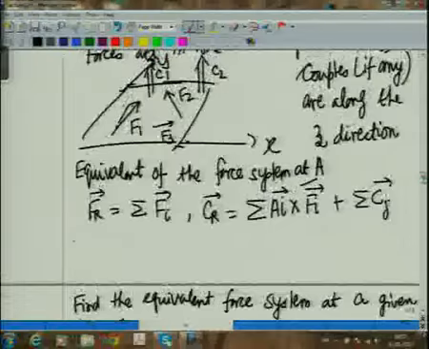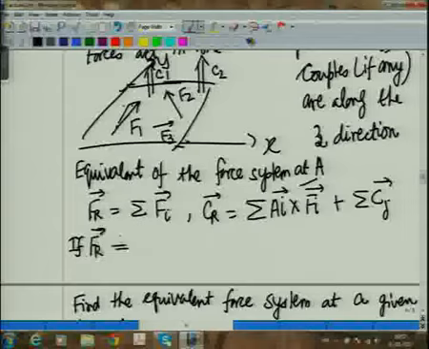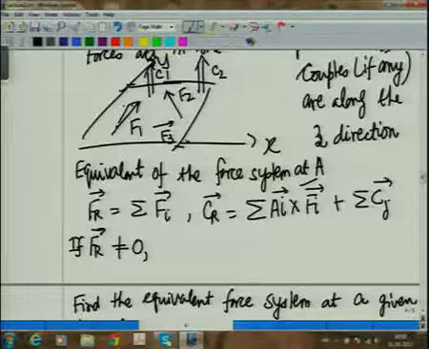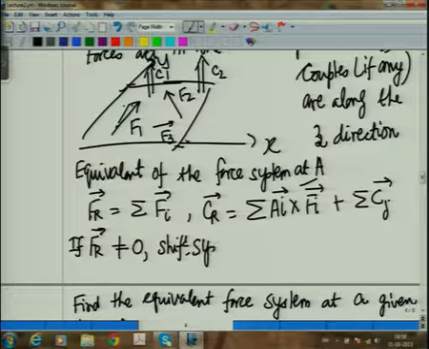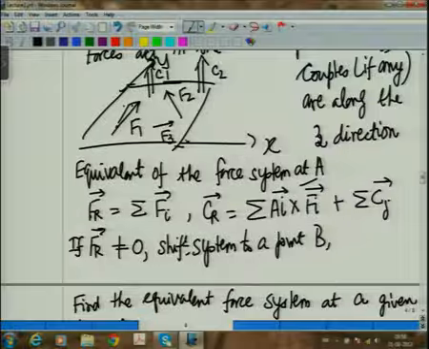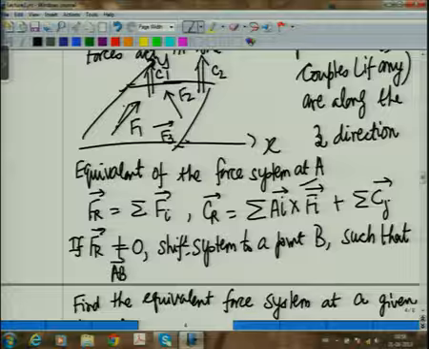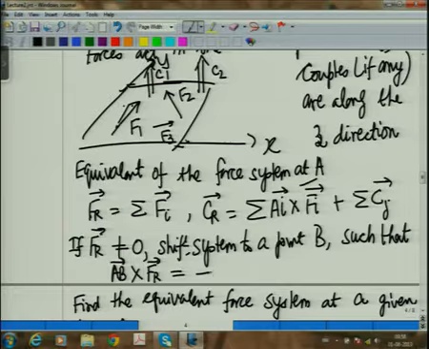Then CR is not equal to 0, what we can do is shift the system to a point B such that AB cross FR is equal to minus of CR.